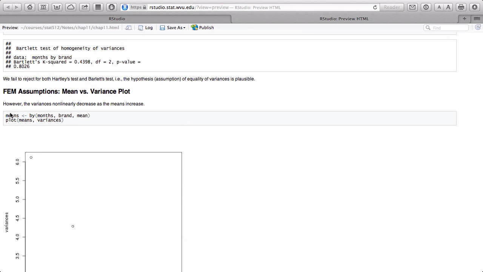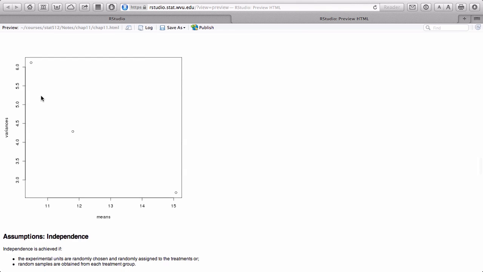To compute the means, we do by month brand means, and that gives us the means, and then I'm going to plot the means versus the variances. So notice that as the means get larger, the variances get smaller.